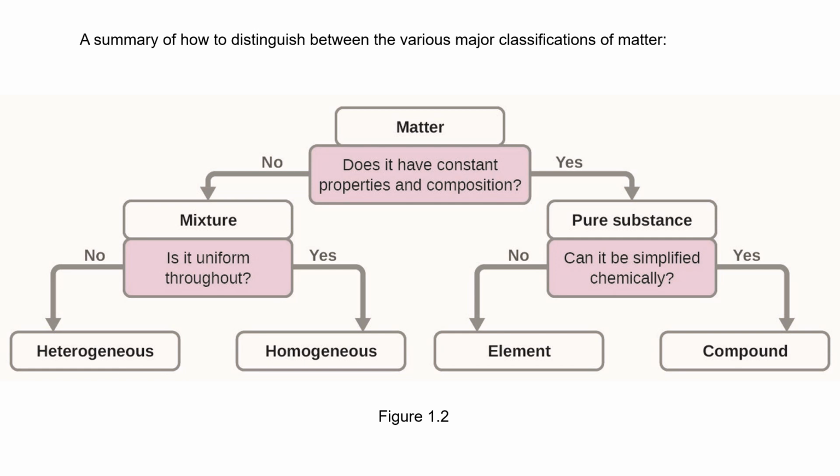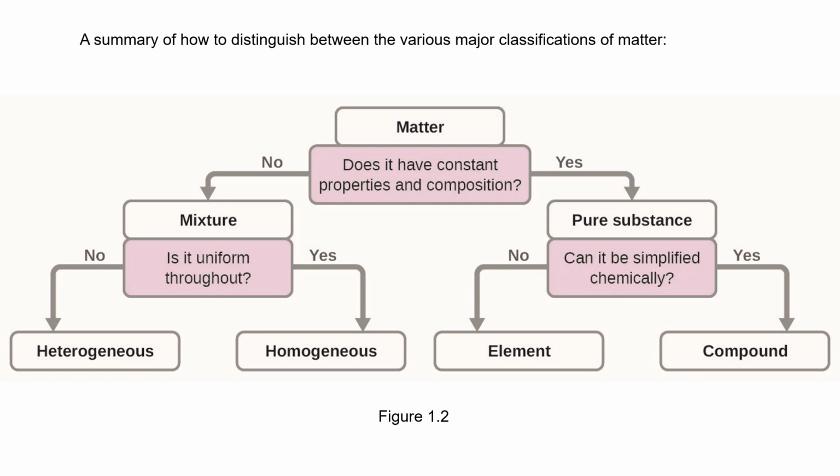A summary on how to distinguish between the various major classifications of matter is shown in Figure 1.2. Depending on its properties, a given substance can be classified as a homogeneous mixture, a heterogeneous mixture, a compound, or an element.